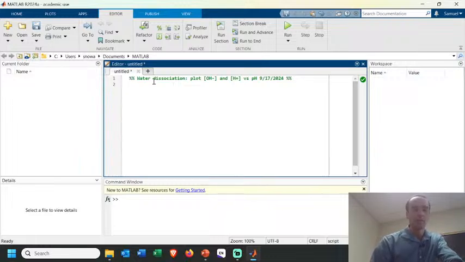So one thing you can do, I don't know if you knew this, but if you want to comment something, Control R on a PC does that. I think there's a way to undo that too. It just adds it. I forgot the hotkey to remove it. So I just write a little note about what I'm doing.